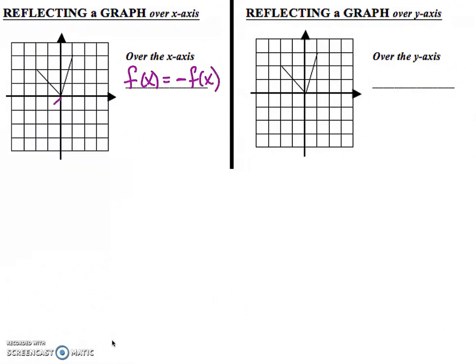So we would have the same thing that we have here, but reflected over our x-axis. Reflecting the graph over the y-axis, the negative sign is inside the function with the variable. So this is going to look like f of -x, and that's going to be a y-axis reflection. So that is going to look something like that if it were reflected over the y-axis.